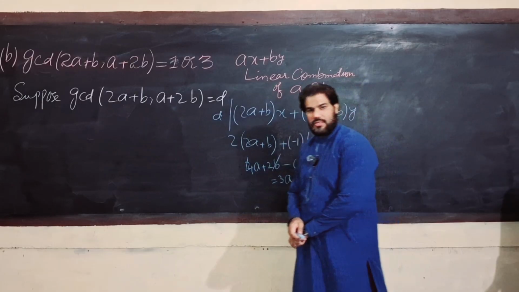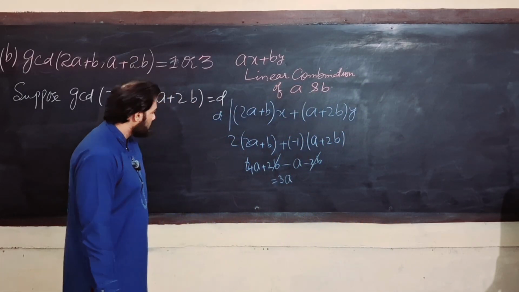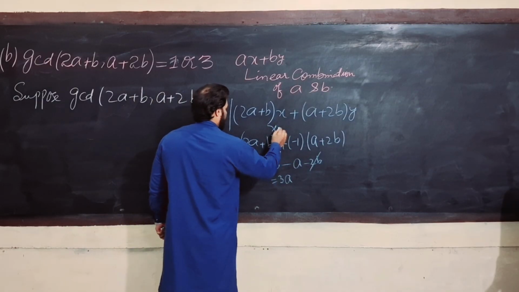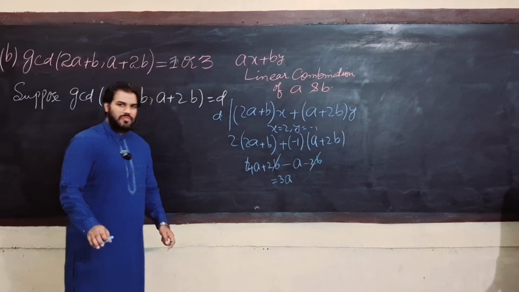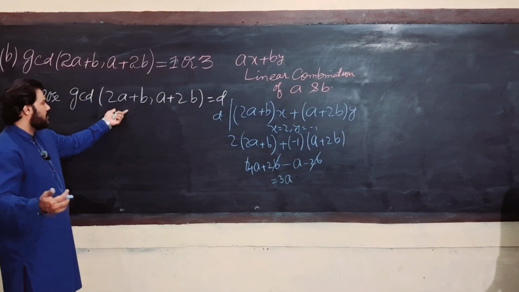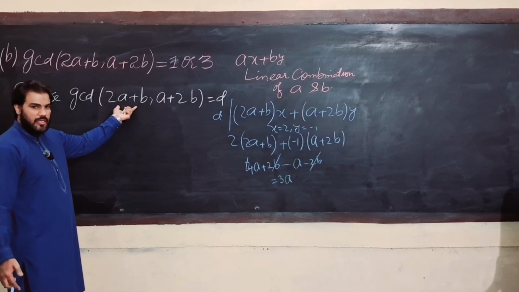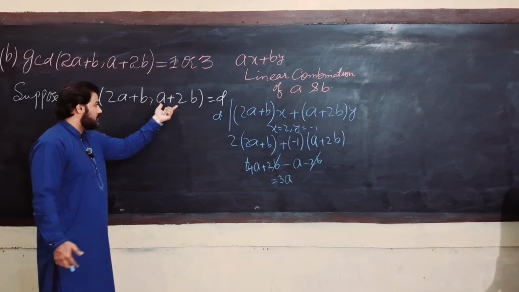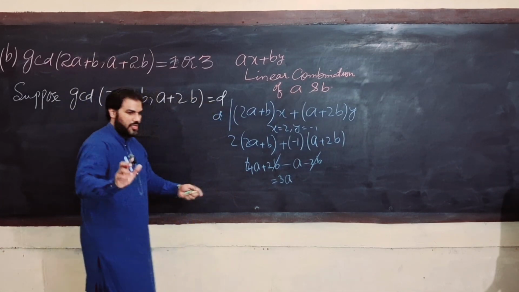So the remaining expression is only a multiple of A. If you compare, here the value of X is equal to 2 and the value of Y is equal to minus 1. So this is very simple. You have just to think for what coefficient you can multiply with this number and then subtract the resulting expression with the other number, and your result should be just a multiple of A.